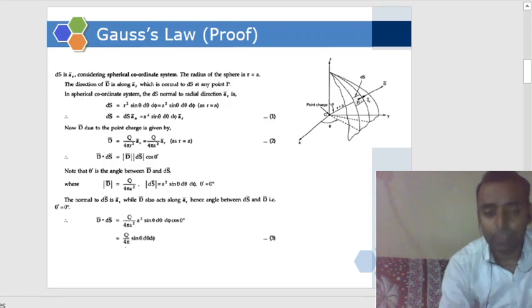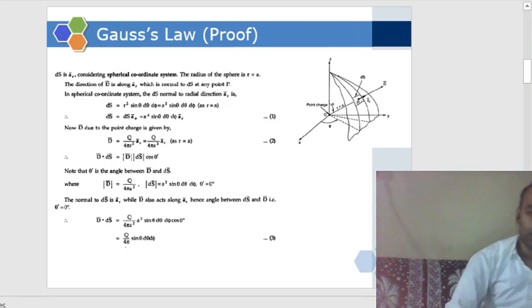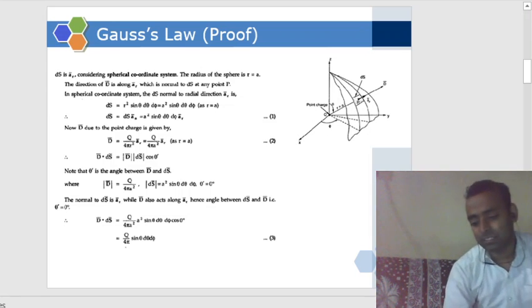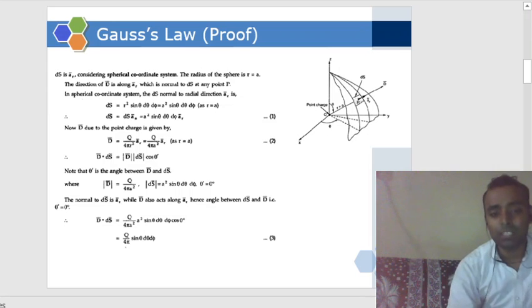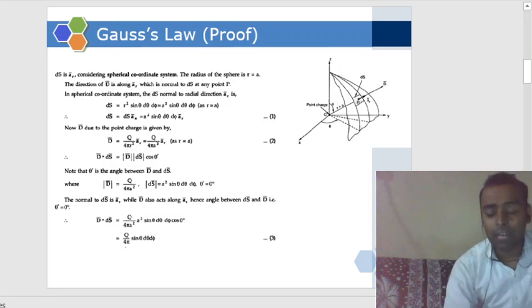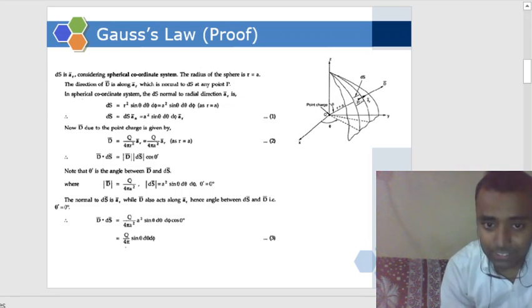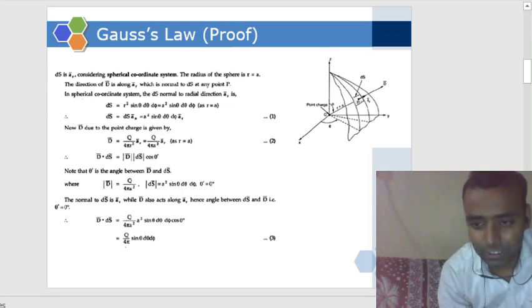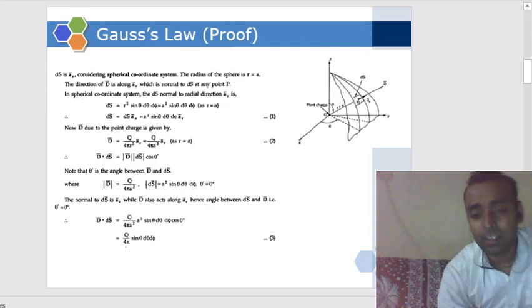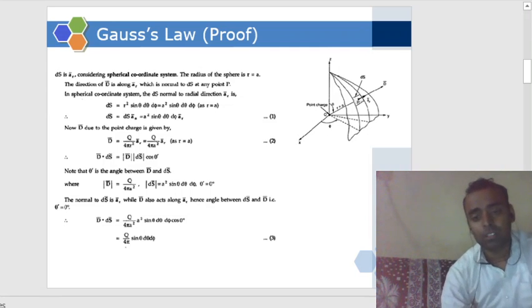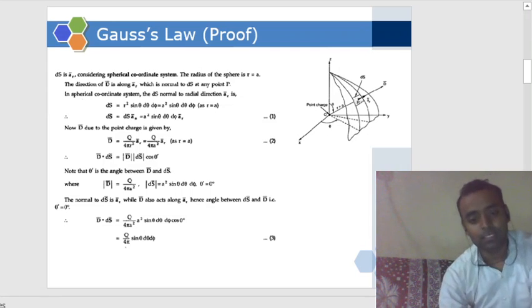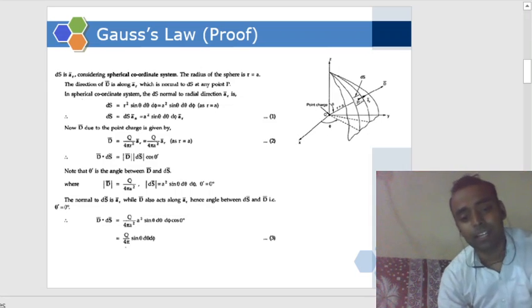We'll take a sphere because it is geometrically symmetrical, and we can find its area easily. For that we have a specific coordinate system, the spherical coordinate system, and easily we can find ds and everything.